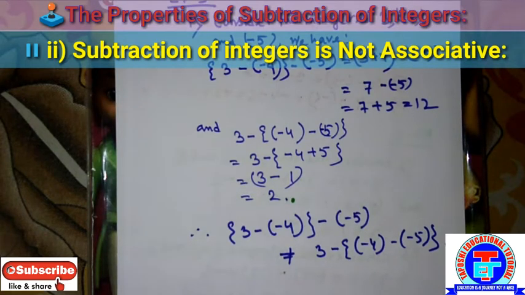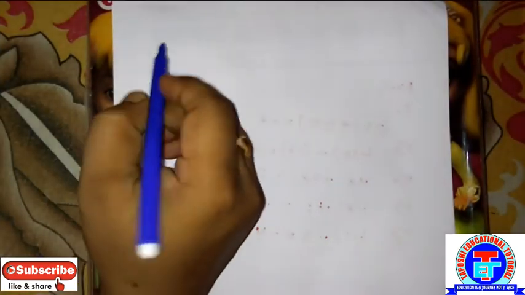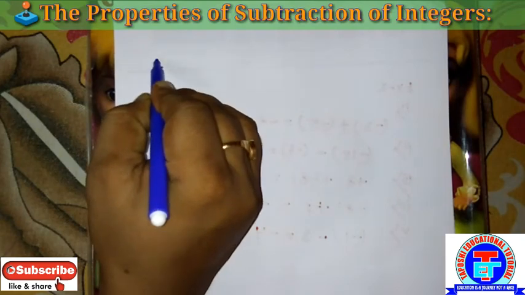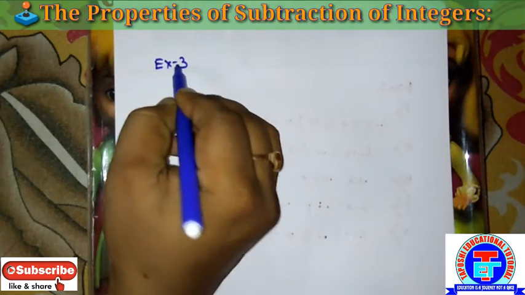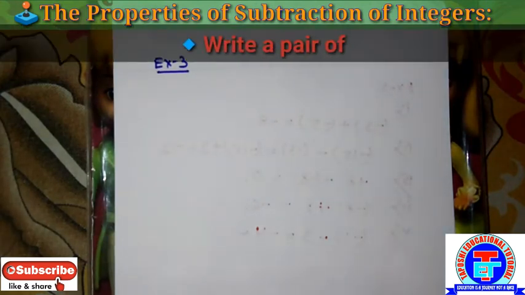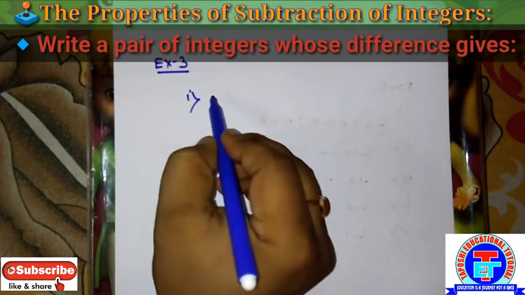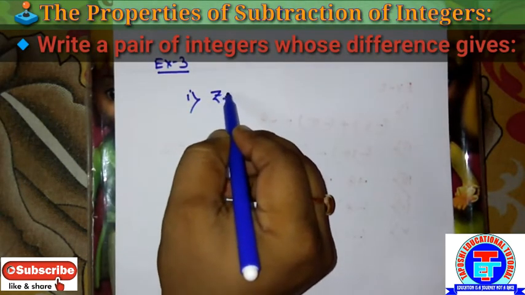Let's try some examples that we solve regarding this. Example number 3. Write a pair of integers whose difference gives number 10.